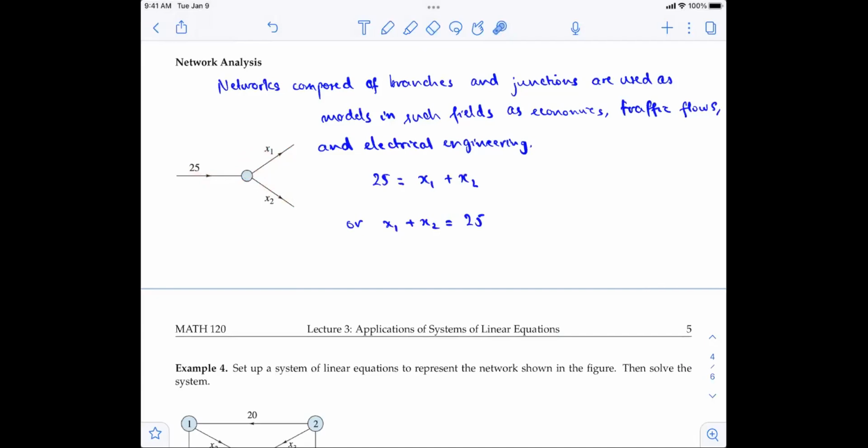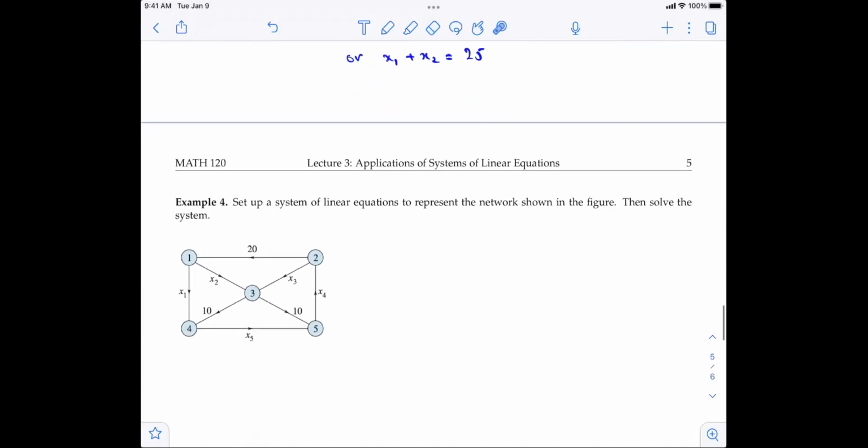Now, moving on to the example, you have a more complicated setup at this point. Right now, you have 5 junctions and multiple branches. So how would you find the information of x1, x2, x3, x4, and x5, given that, let's say, going from junction 2 into junction 1, you have 20 cars going in that direction.